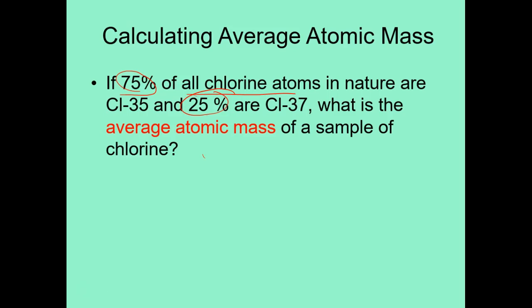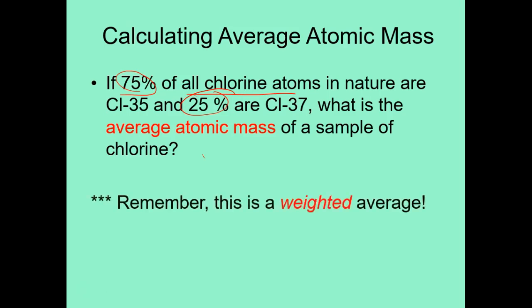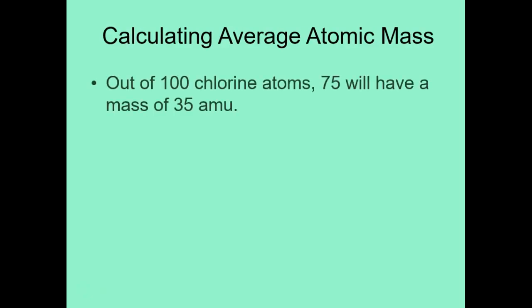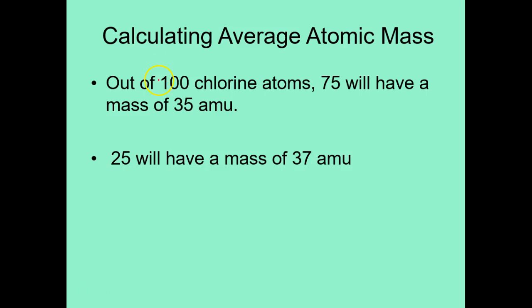What is the average atomic mass of a sample of chlorine? Remember, this is weighted. Out of 100 atoms of chlorine, if I have 75%, I have 75 that are at 35 AMU and 25 that are at 37 AMU.